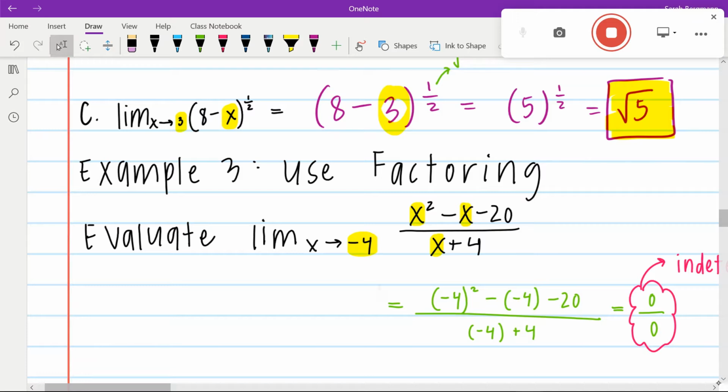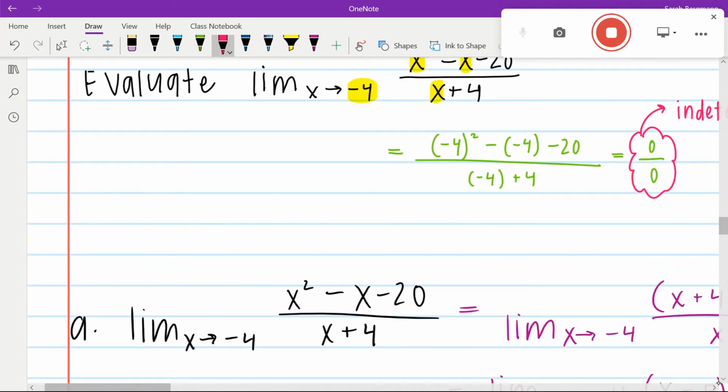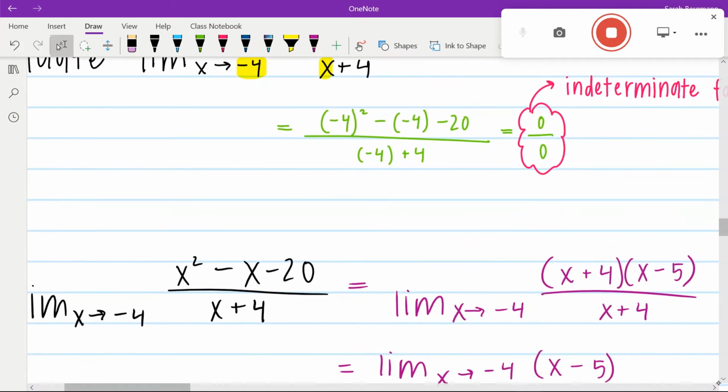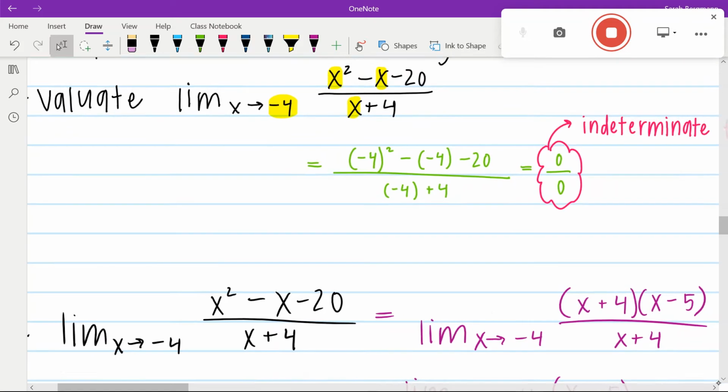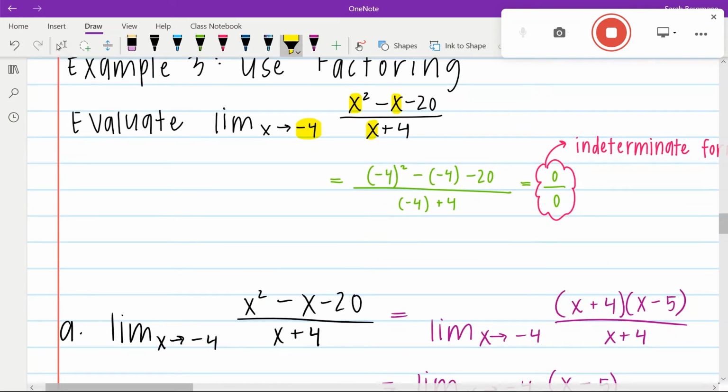So on this function, I see that my numerator could factor. So what I'm going to do is I'm first going to factor out the numerator. So basically what I did was I thought of two numbers that multiply to give me negative 20, add up to negative 1. Those two numbers are positive 4 and negative 5.